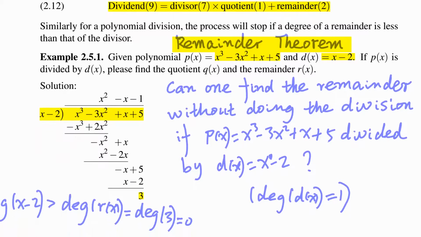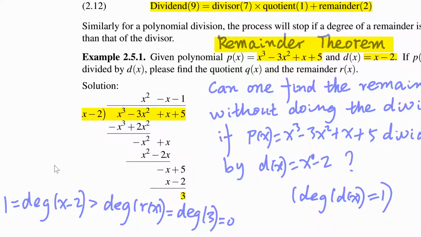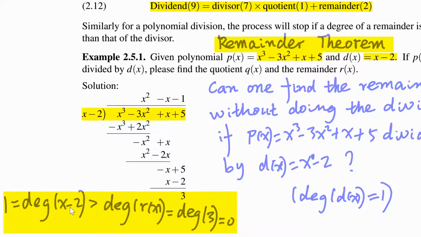Right here it is because the degree of the divisor x minus 2 is 1, which is greater than the degree of the remainder, because the remainder is a constant. That means the degree of the remainder is 0. So you can stop right here for the division.